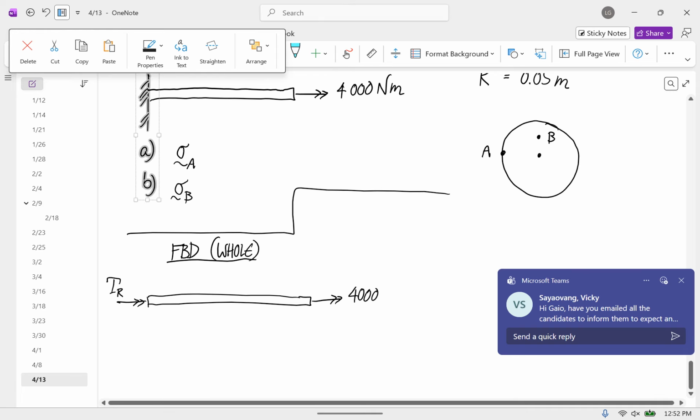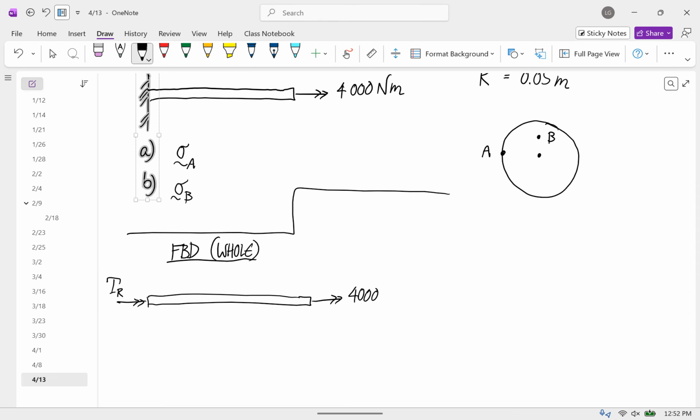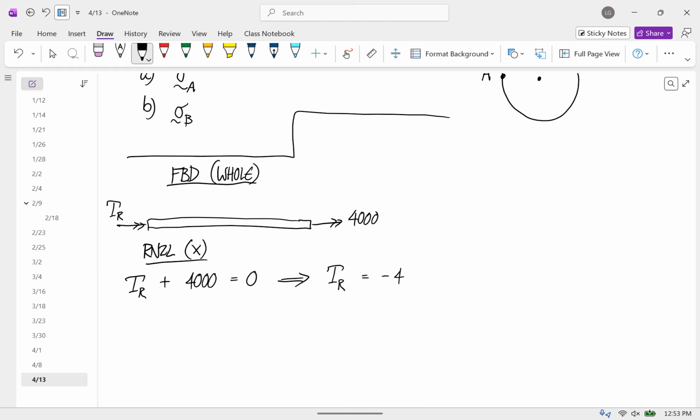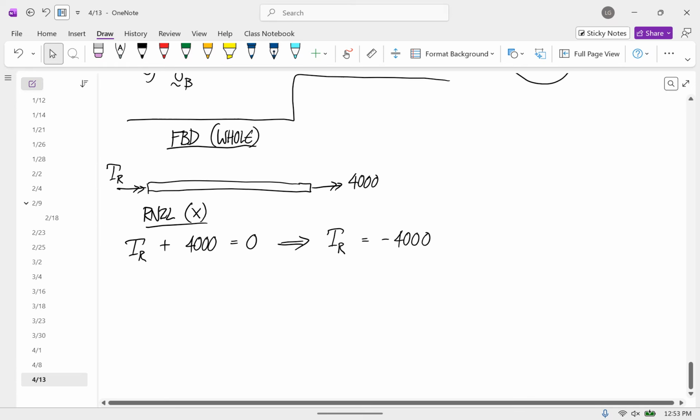We'll do our rotational Newton's second law about the x-axis. And so we have TR plus 4,000 is equal to 0, and so TR is equal to negative 4,000. And now we only need one cut.